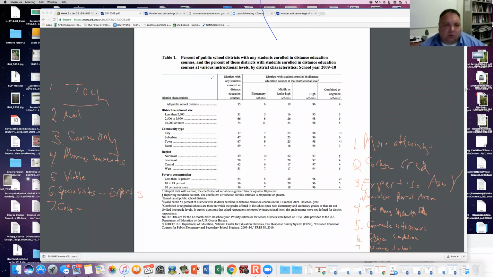And we have only 55 districts, which probably equals maybe 30%, 20%, 10% of students taking online courses. To me, it seems like there's a little bit of a disparity between the number of students taking high school courses and college courses, and those number of credits offered, certainly.